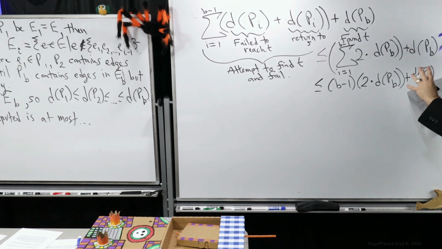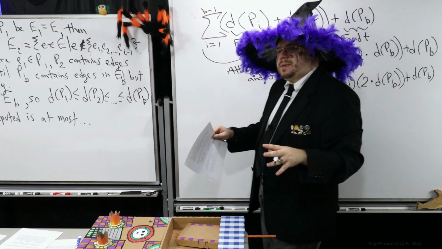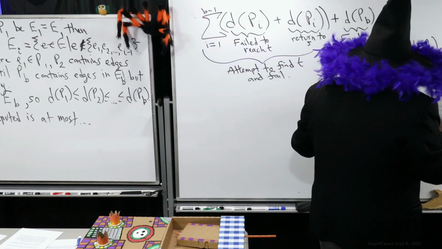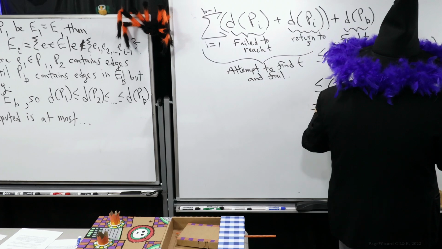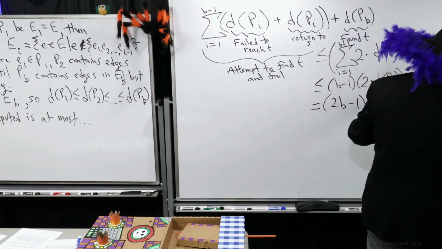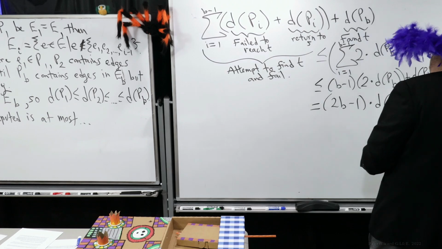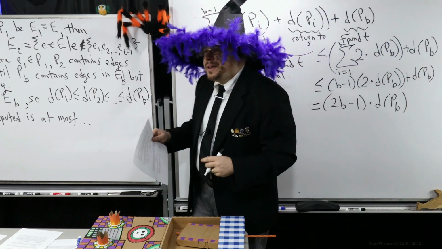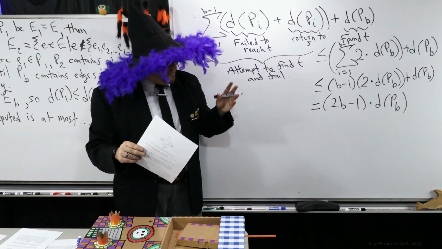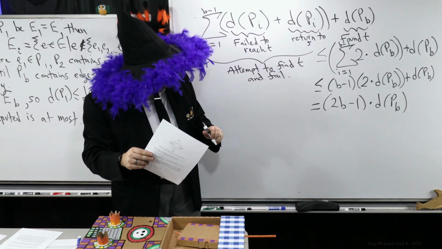Now, you can do a little bit of algebra here. And once you've done that, you end up with this being simplified slightly. You end up with 2b minus 1 times dpb. Now remember, I told you that b is at most k plus 1, right? So I'm going to put k plus 1 in wherever I see b.